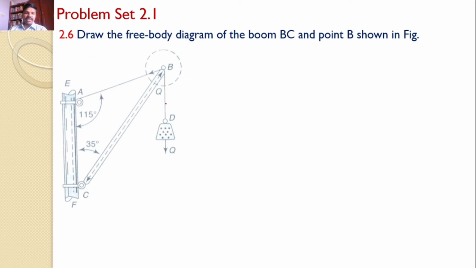A, B, D is a string. At the end of the D, a weight Q is attached. Now, our interest is to find or draw the free body diagram of BC and at point B.